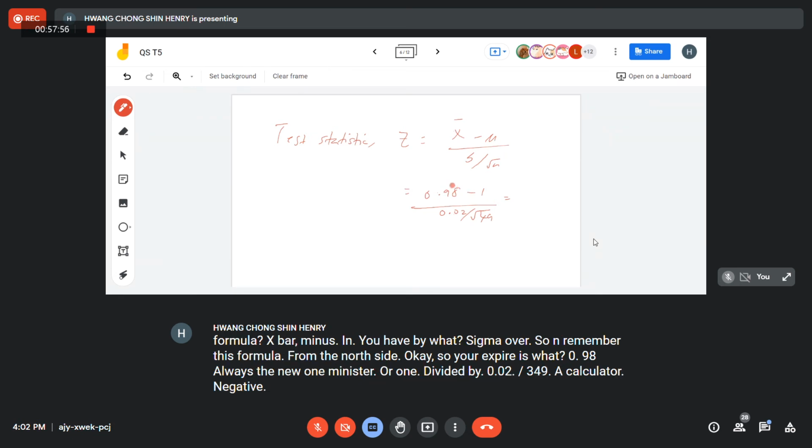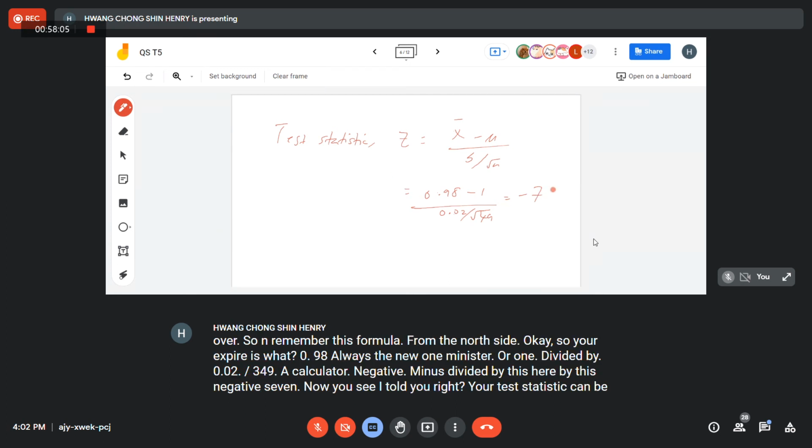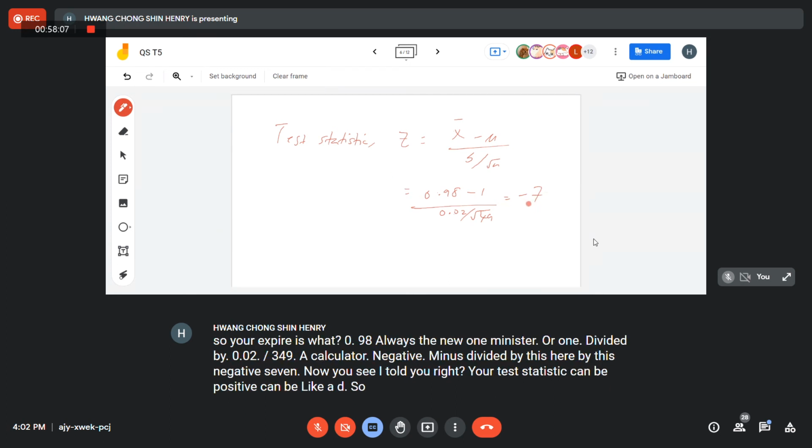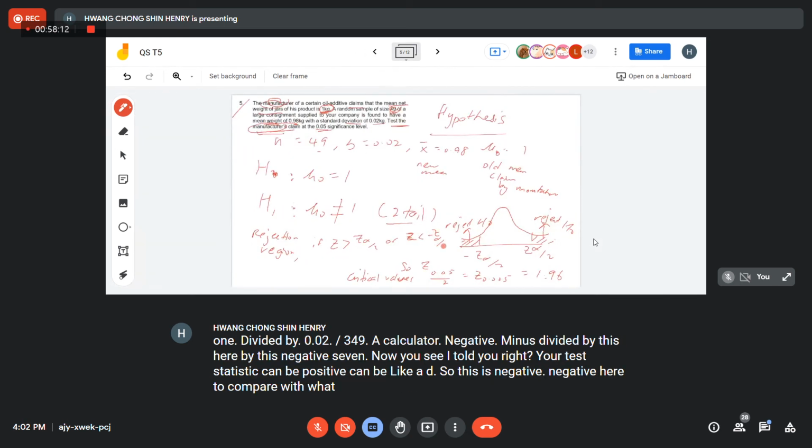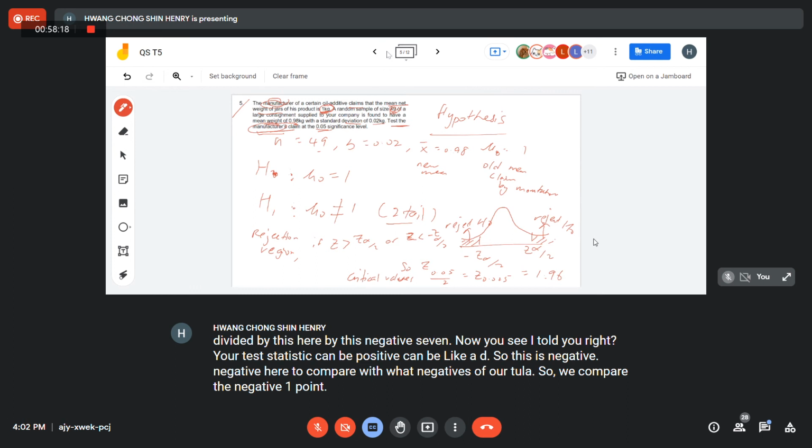Okay, calculator. Negative, minus, divided by this, negative 7. Now, you see, I told you, right? Your test statistic can be positive, can be negative. So this is negative. Negative, you have to compare with what? Negative Z alpha over 2. So you compare with the negative 1.96. Right?